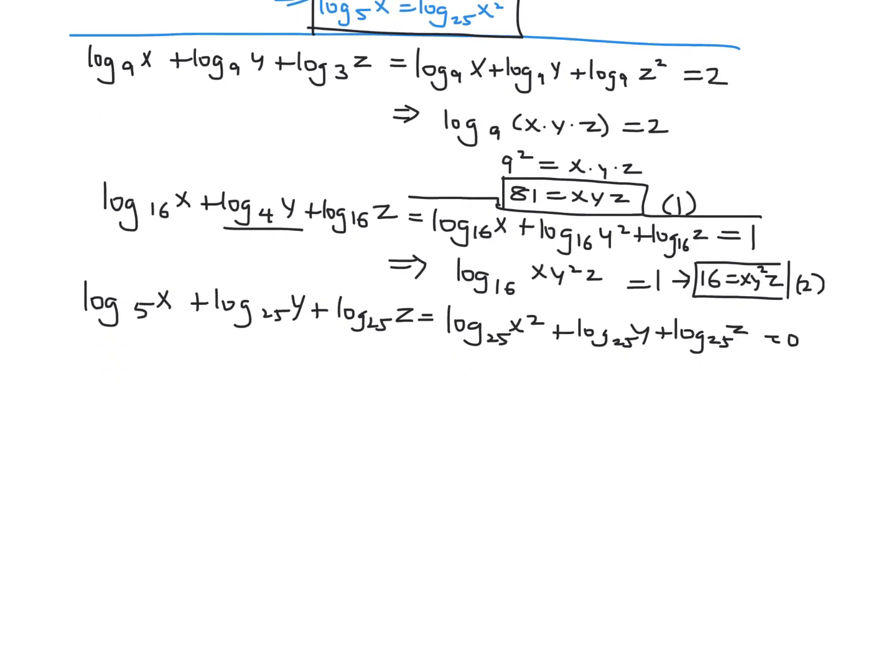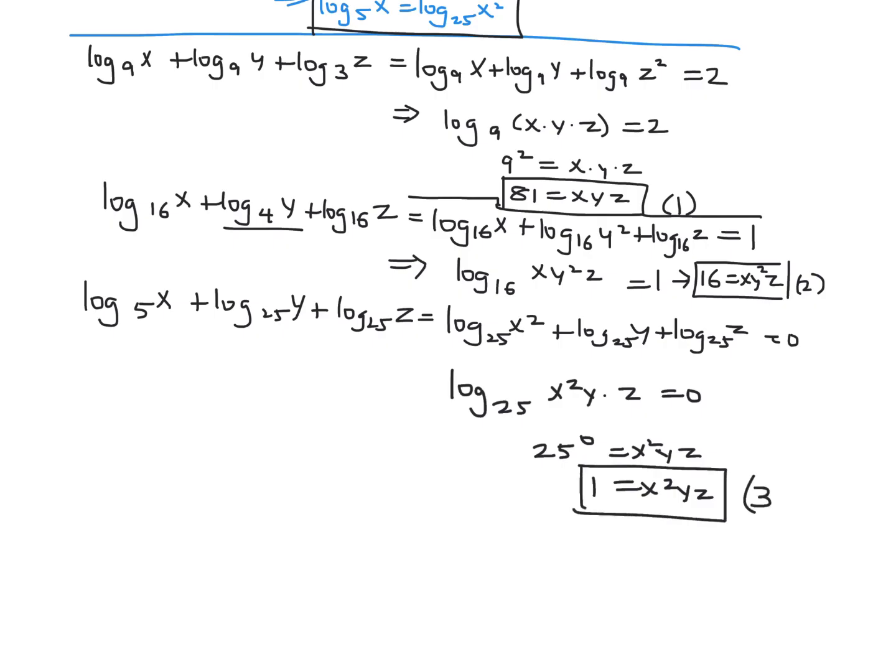Okay, so using log rules, the log to the base 25 of x squared times y times z is 0, and therefore 25 to the power of 0 is x squared yz, and therefore x squared yz is 1. And that is equation 3.